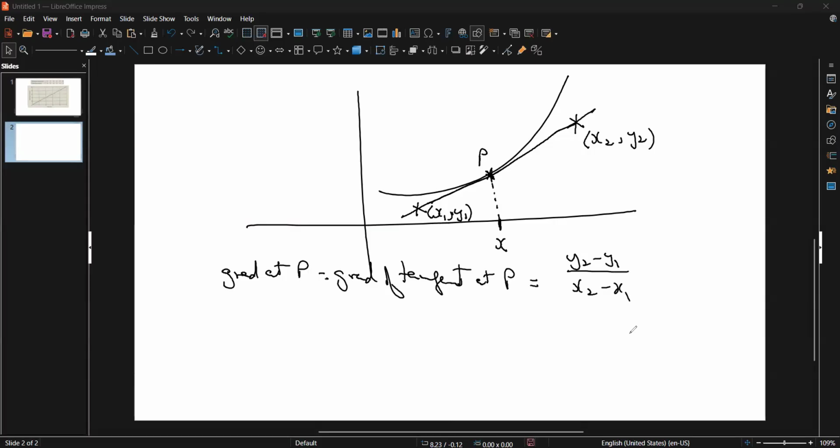But with this curve, at every single point, the gradient changes. So to find the gradient at a particular point, what you call instantaneous velocity, you'd have to draw a tangent. Of course, you can't do that online. I can't give you a question where you have to draw a tangent, unless you're doing a face-to-face exam and you have the paper. It's always difficult. Look, I work with CXC and they send the question paper to me to moderate, right? So I have to work out all the questions.